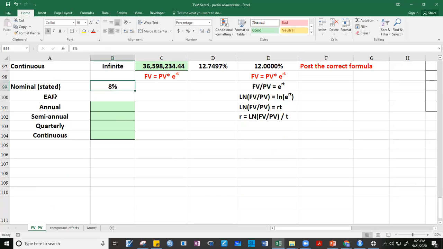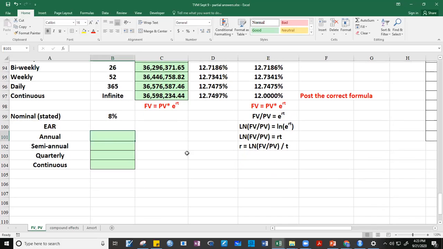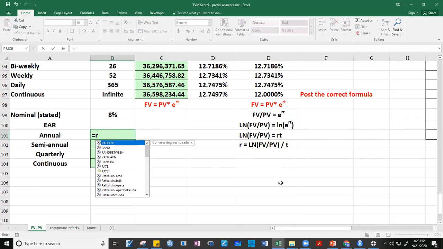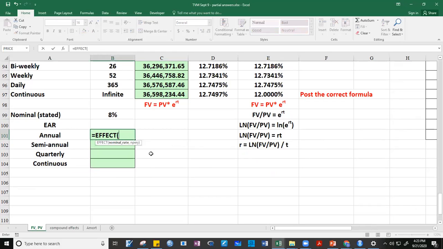Okay, so what will be the effective annual return kung annual, semi-annual, quarterly? So this one will be equal to, parang rate lang to, no? Kunin natin effect. Okay, nominal rate is 8%.